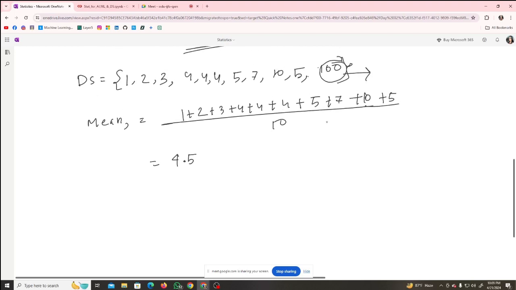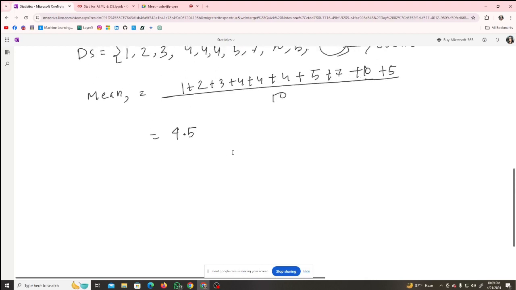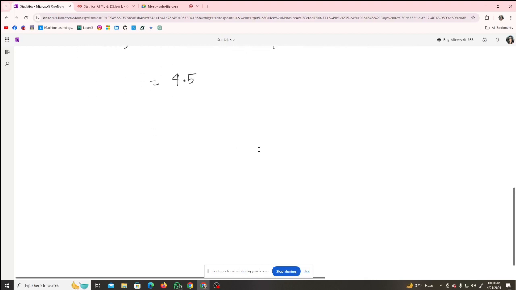Guys, do you know the term outlier? Okay, let me just quickly tell you what an outlier is. Okay, an outlier is a data point that significantly differs from other data points.